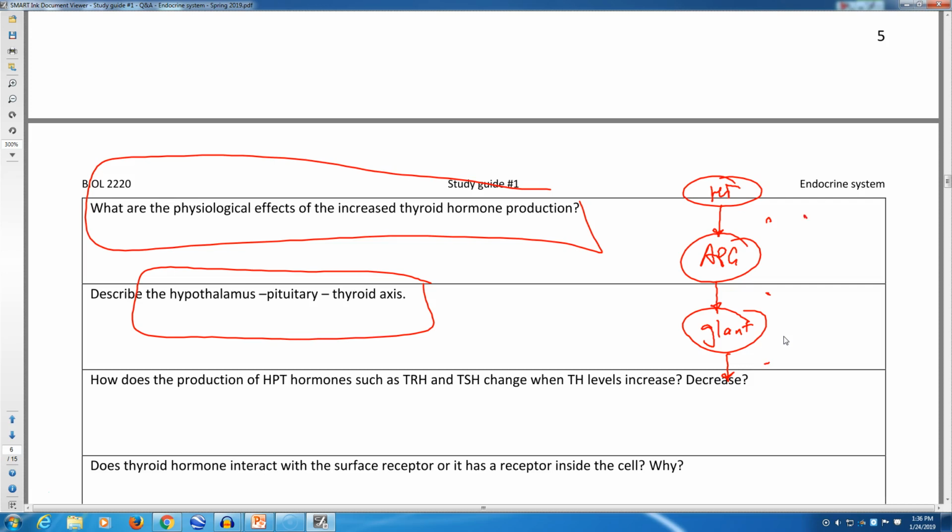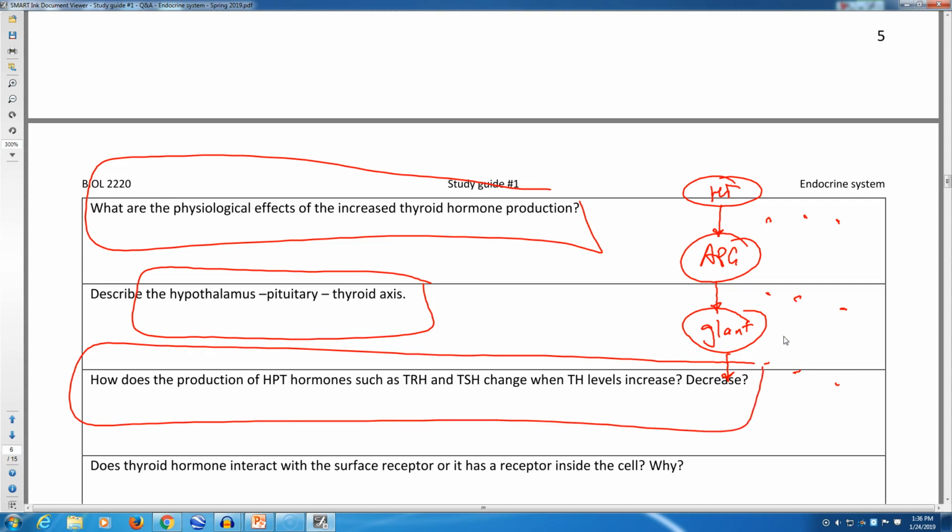If it's CRH, ACTH, cortisol, hypothalamus, pituitary, adrenal. Gonadotropin releasing, FSH and LH, testosterone, hypothalamus, pituitary, gonadal. Am I clear? Please work on this and use the approach known as brain dump when you get to the exam. Okay.